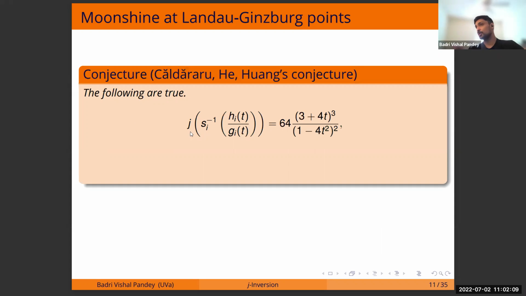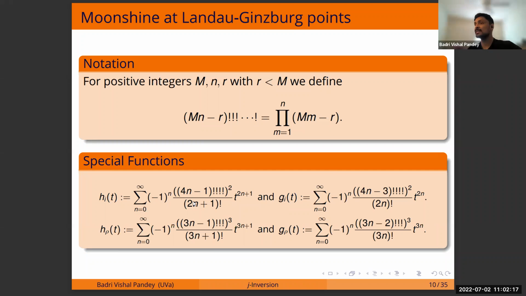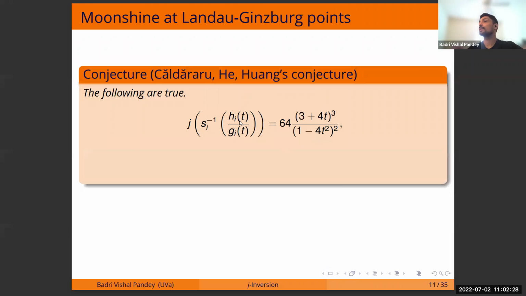J, when evaluated at S I inverse of the ratio of those 2 functions, which is a really complex function with a really random expansion in general, miraculously turns out on the right hand side to be this nice looking rational function in t.